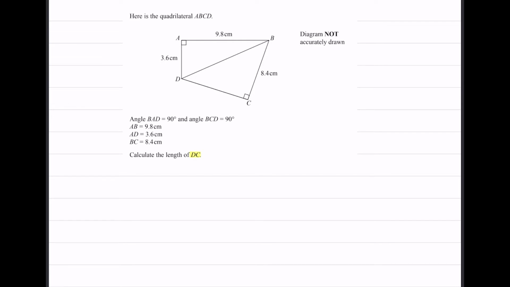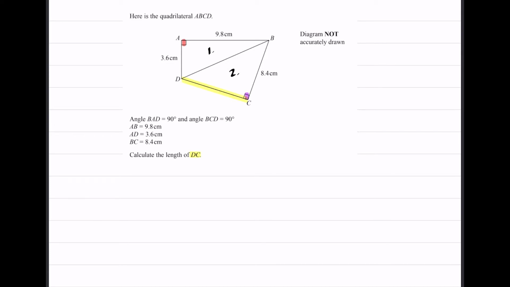So if we look at DC, DC is over here, and we can see now that we actually have 2 right-angle triangles. So we have the one that I've marked with red and the one that I've marked with purple. DC, the line that we're looking for, is part of triangle number 2 on my diagram.